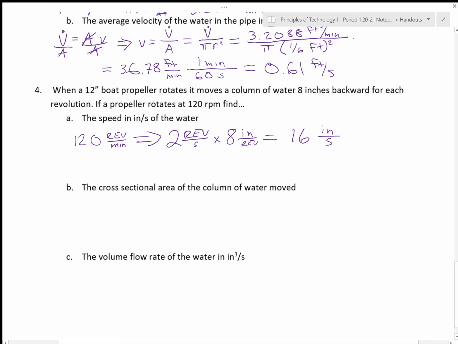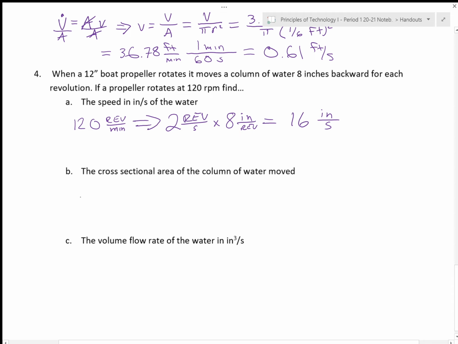In order to find the cross-sectional area of the column of water, we need to take the radius of the propeller and multiply it by itself and then by pi. So area is equal to pi r squared. The diameter is 12 inches, so the radius, of course, is going to be 6 inches.